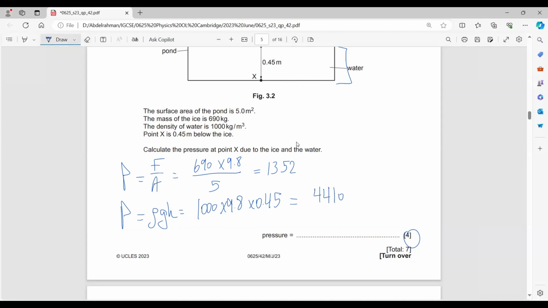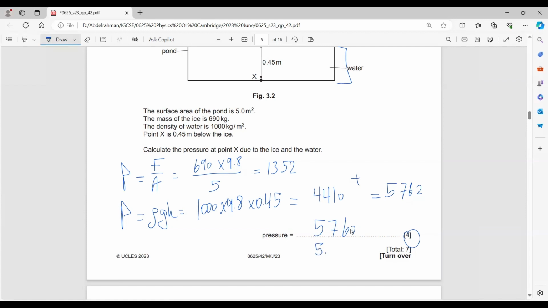And then we'll just add them up, which is 5,762. You can write it down as 5,760. What's the unit of the pressure? 5.8 times 10 to the power of 3.